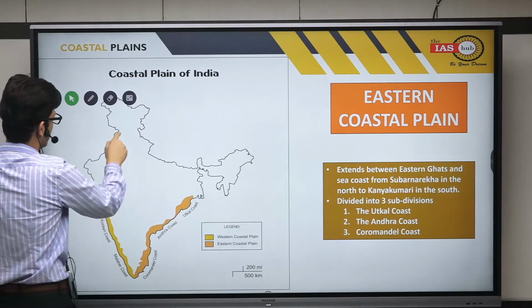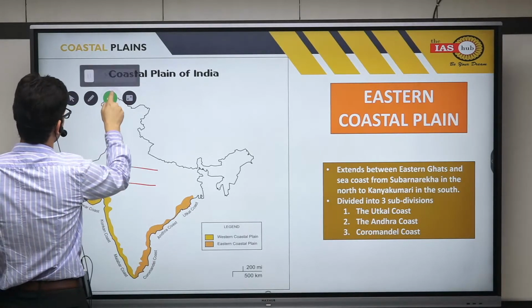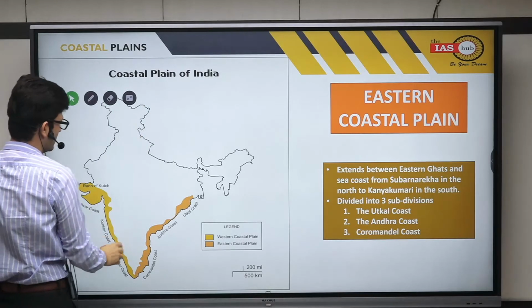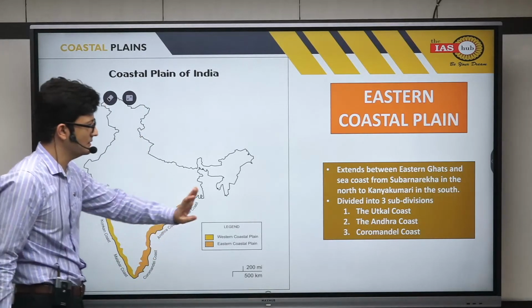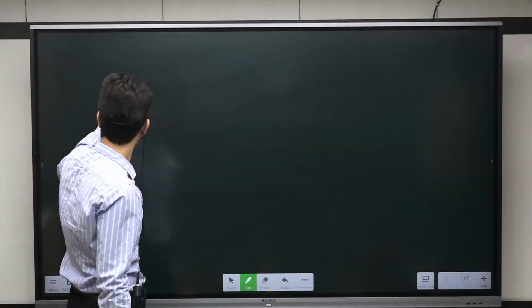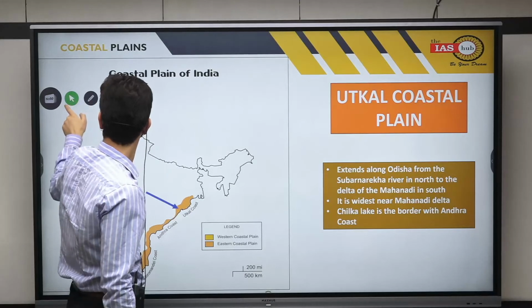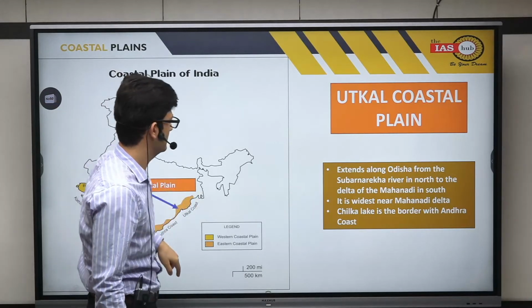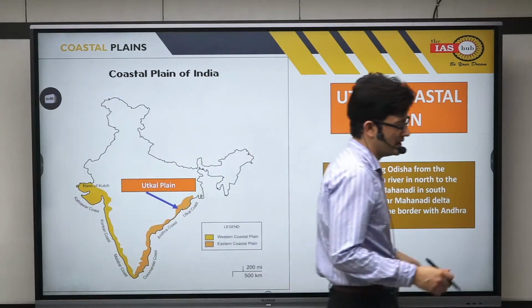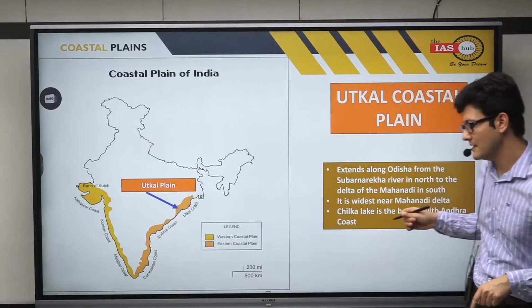So first we'll find the Utkal Plains. From the Subarnarekha river in the northern side toward the southern side lies the Chilka Lake.